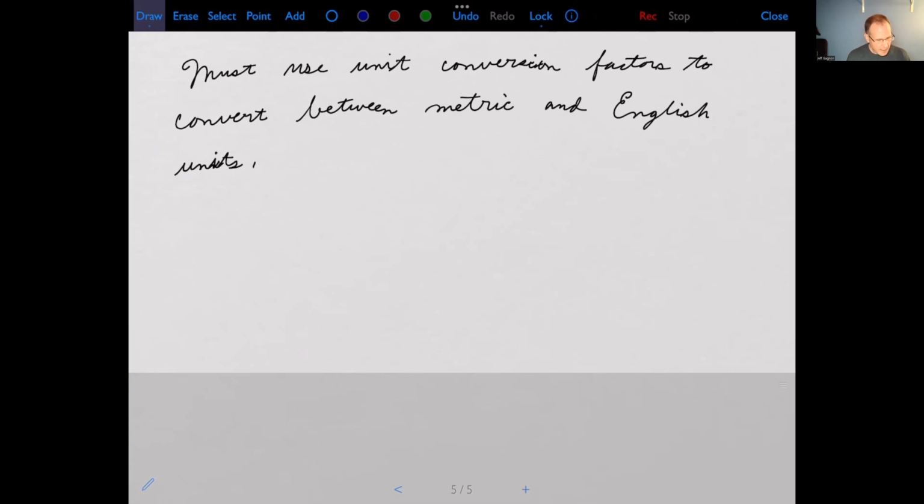Okay, now there is a nice thing that you guys should know actually to go from English to metric units, and this is exact.